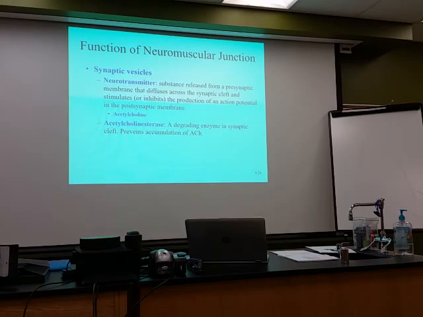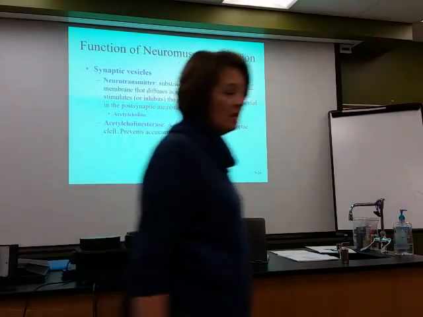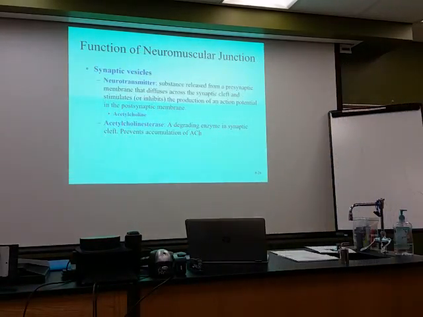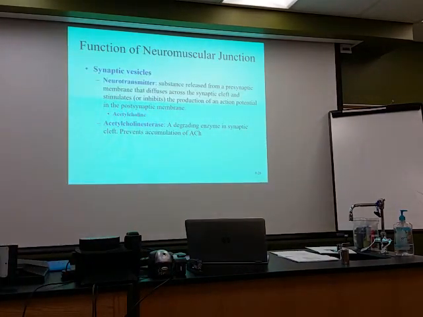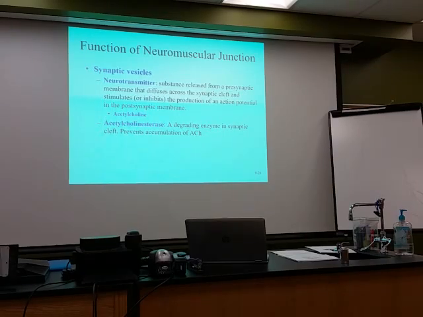It will travel down the axon to those terminal ends, and from that point, when we get an action potential, those little vesicles will begin to release their product. Their product for right now, for skeletal muscle, is acetylcholine.